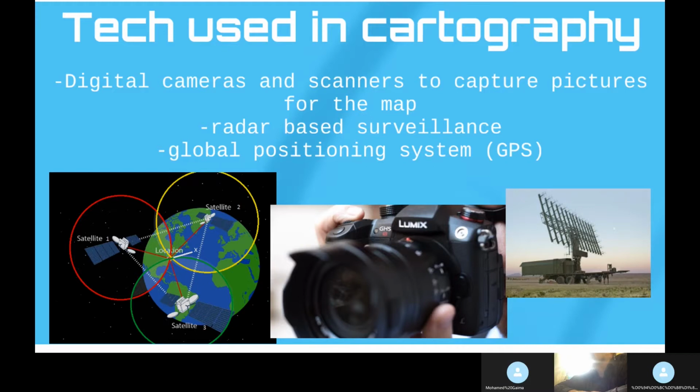All these techniques give us a huge amount of data, and nowadays the amount of data from space satellites is very enormous, and they put this data on servers free, and everybody can take this data and make their own maps.